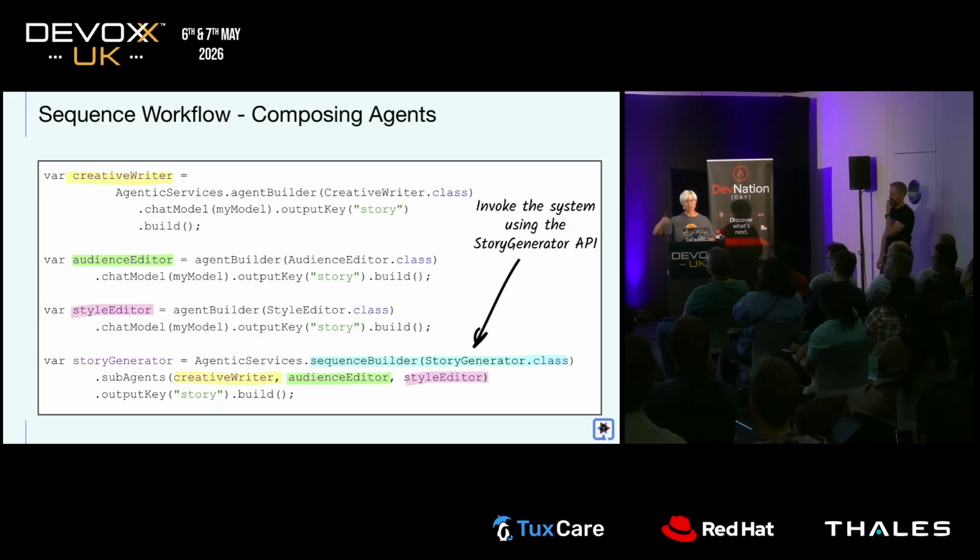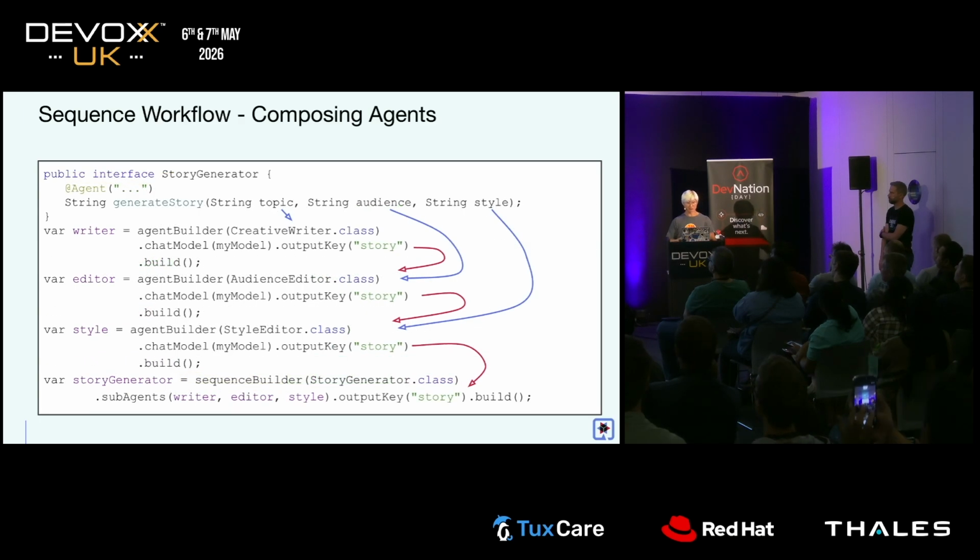This is your ordered sequence. First we invoke the creative writer, and once that job is done, the output from the first agent becomes the input to the second agent, the audience editor. So output goes to the next input, and then the next output goes to the next input. That is the sequence.